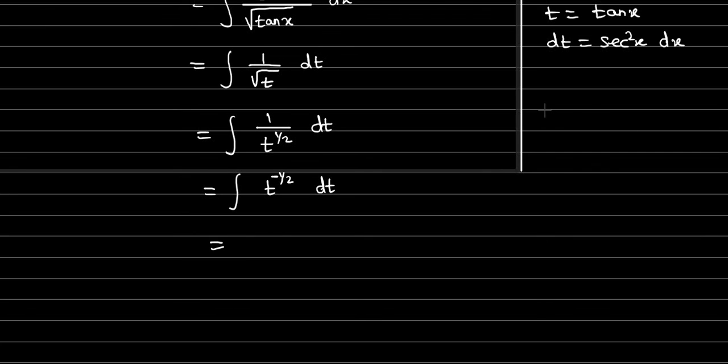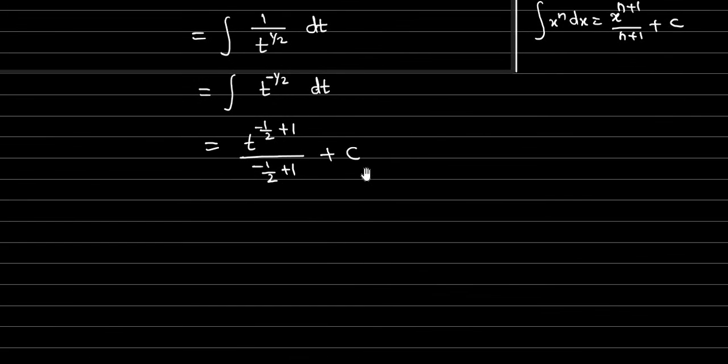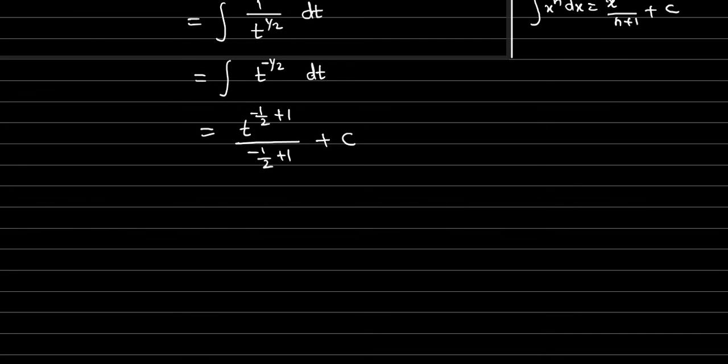Now using integral x power n dx formula, integral x power n dx is what? X power n plus 1 by n plus 1 plus c. So using this formula, we can integrate this term. So whatever we have for the power, we have to add plus 1, and same power we have to repeat in denominator. Since it's an indefinite integral, we need to put plus c.